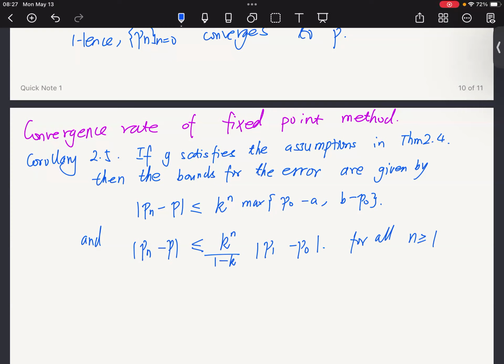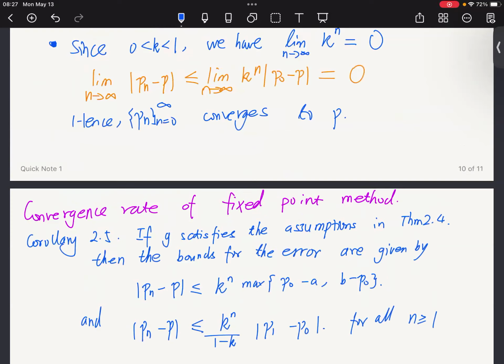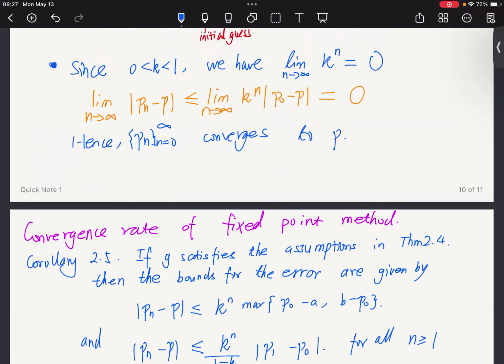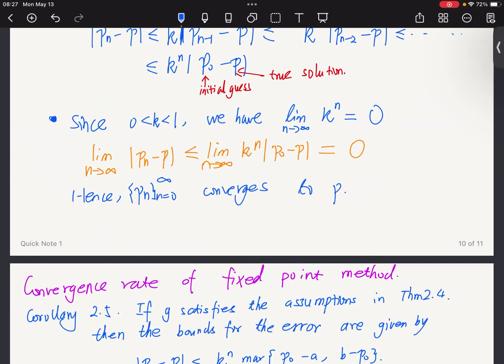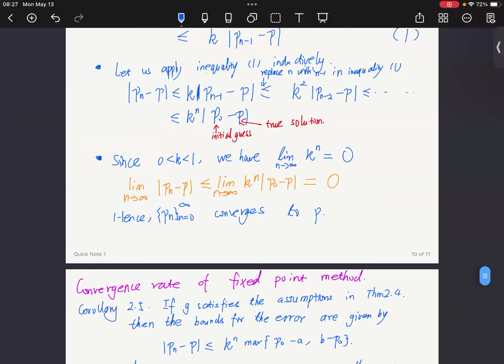So let's see how to get to this corollary. Actually, we already got something similar to here. So why don't we use this to say this is the convergence rate or the bound of the error?